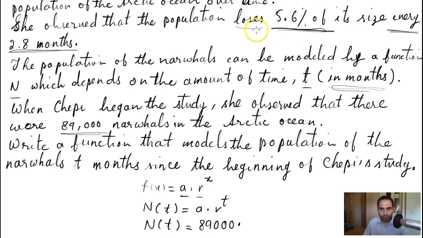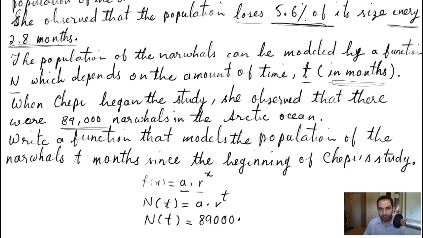So losing 5.6% means that you are left with... or could you just use the 5.6%? No, you cannot use the 5.6%.